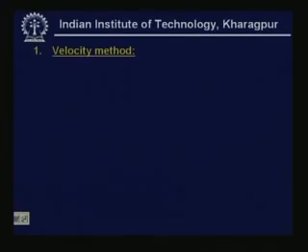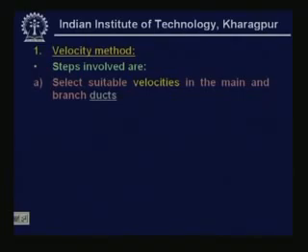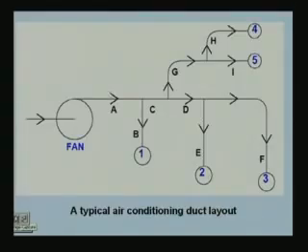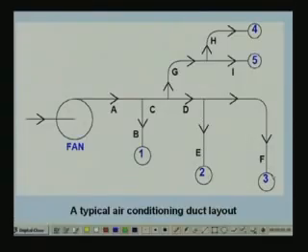First, let us look at velocity method. The various steps involved in this particular method are: first, select suitable velocities in the main and branch ducts. Okay, that means let us go back to this one. Let us say that this is our duct layout. So in the velocity method, the first thing we do is we select velocities in different duct runs.